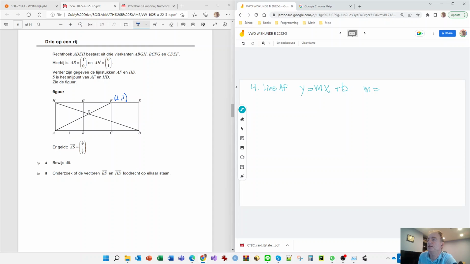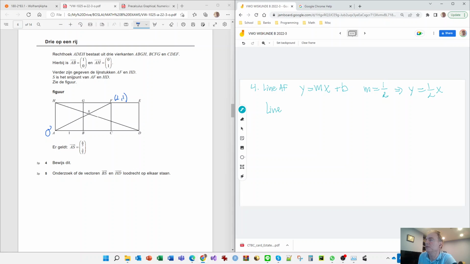If I go from A to F, delta y is 1, delta x is 2, so the slope is 1/2. And the origin, what we define, obviously is on it, so that means our line is just simply y is 1/2 x. Not too bad.